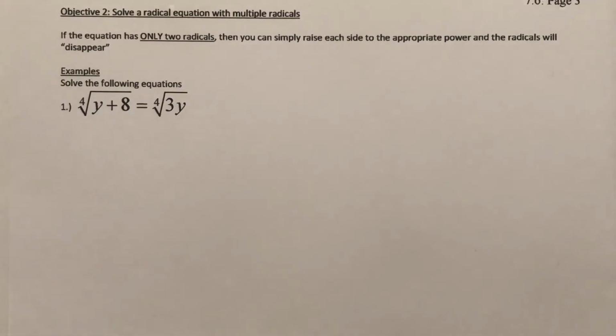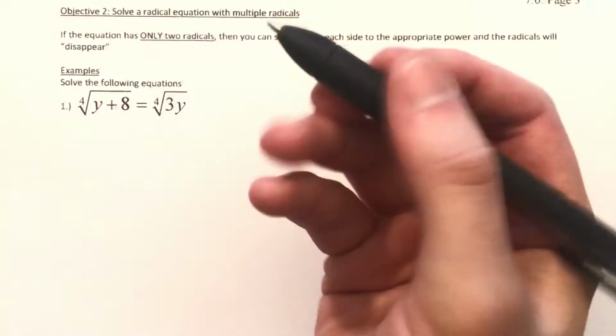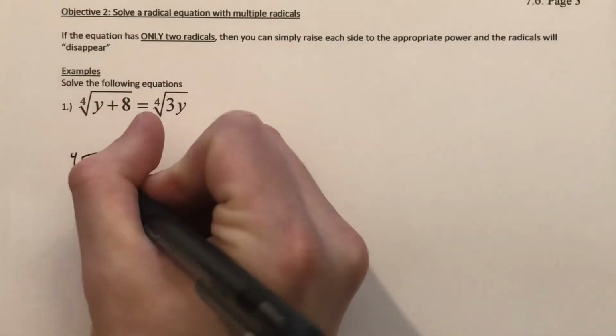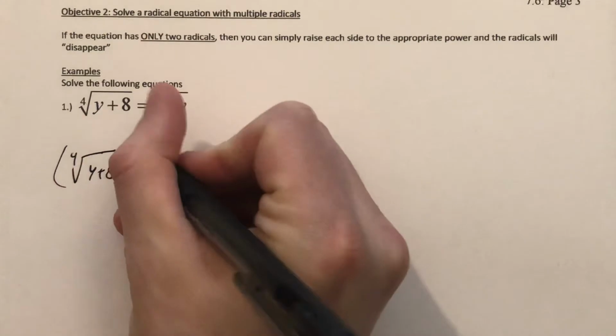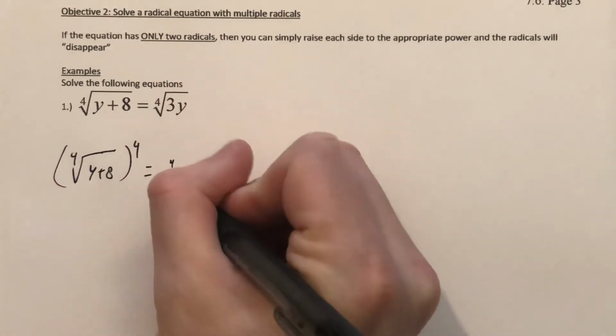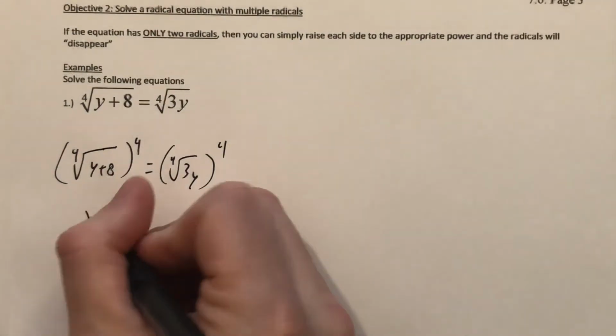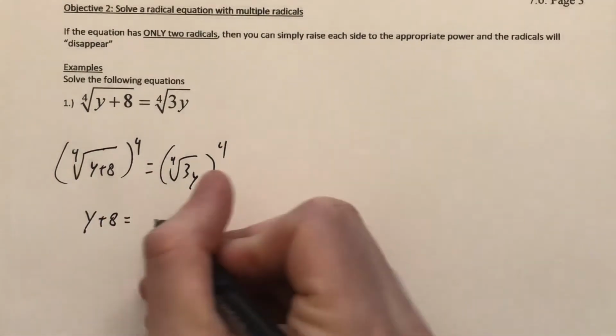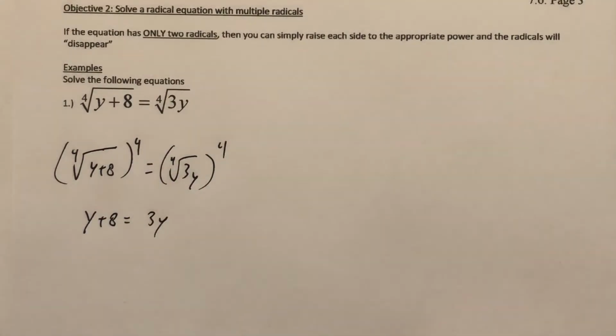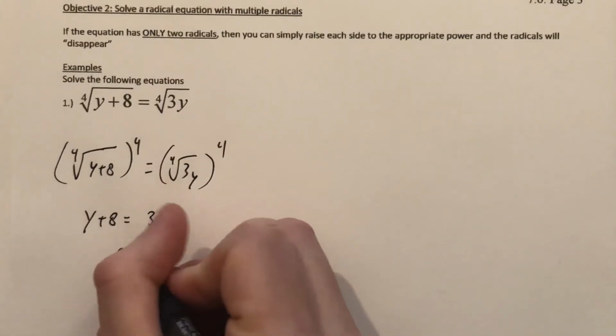That's why the directions were written in the way they were, because we said we raised each side to the power needed to cancel the radical. Well, in this case, with a fourth root, I need to raise both sides to the fourth power. Like so. And then that immediately simplifies, and we get y plus 8 equals 3y. This is a linear equation.